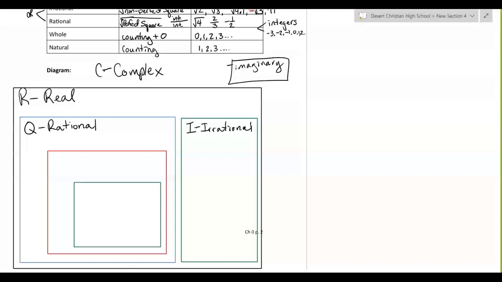Okay? So our irrational numbers are non-repeating, non-terminating decimals. Such as radical 2, 1.41421356 2 just goes on as much as you can fit in there is the idea.